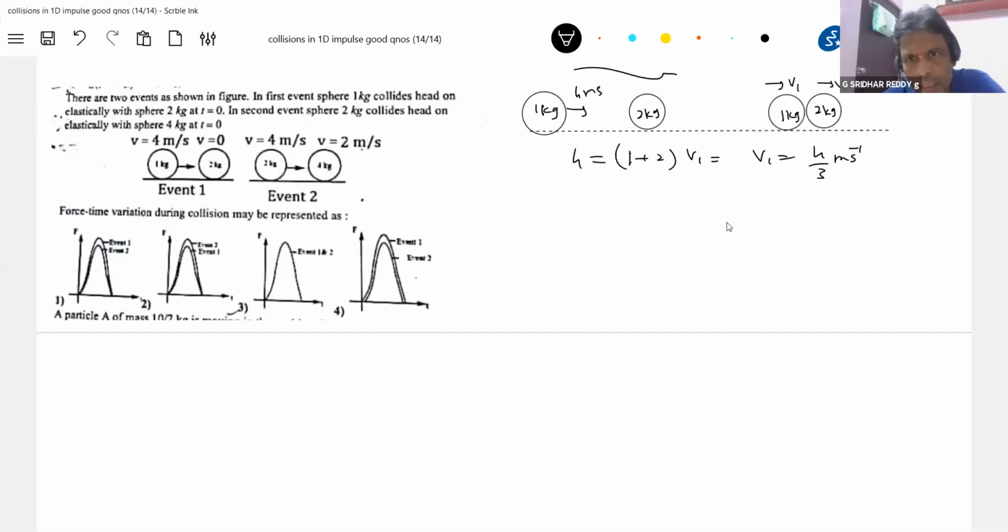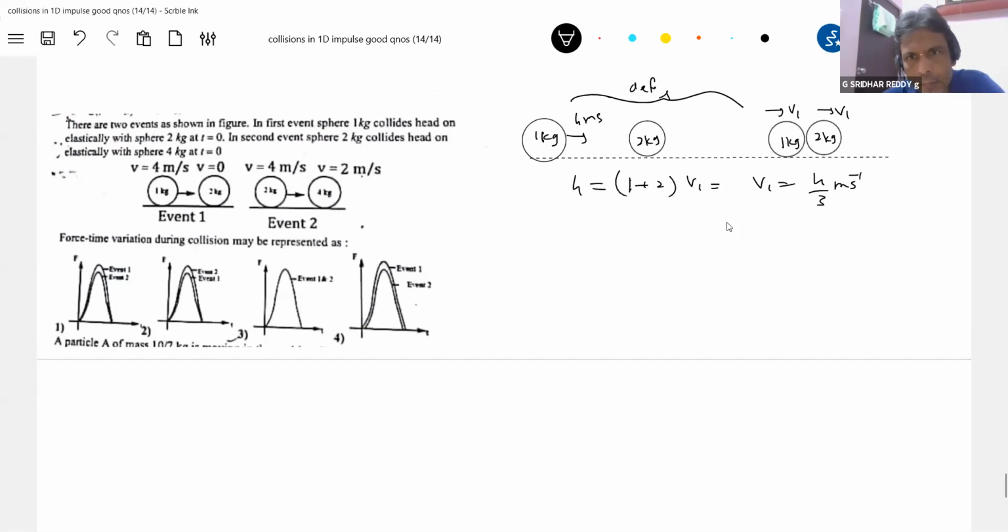From here to here, the impulse of deformation will act. Can we calculate that, JD, the impulse of deformation? You take any one block. Let me take the 1 kg ball. 1 into 4 minus JD should be equal to 1 into V1.